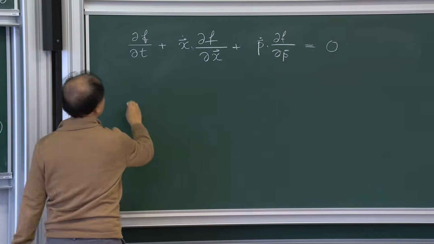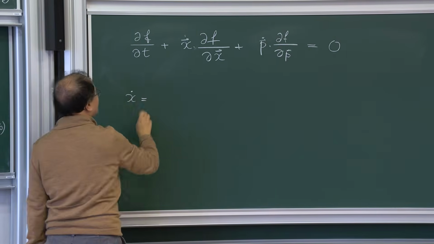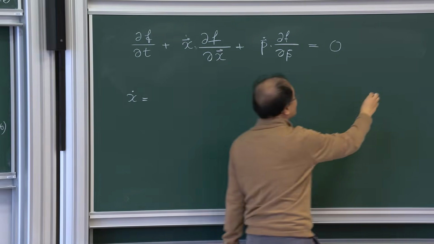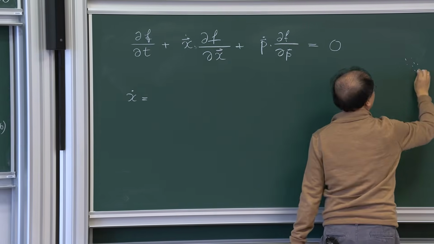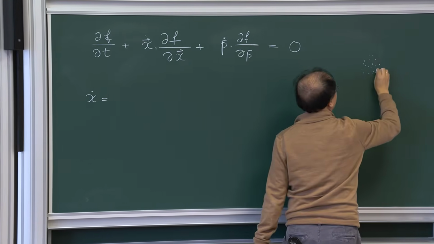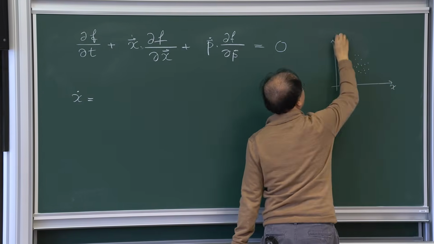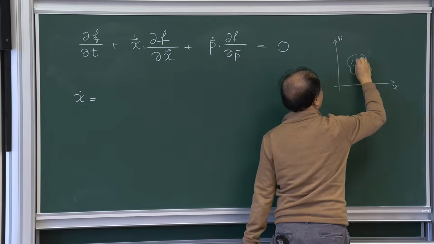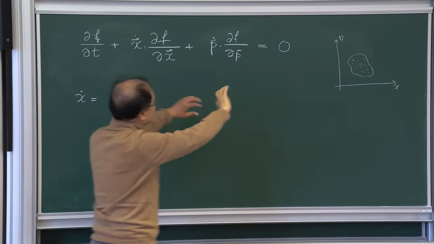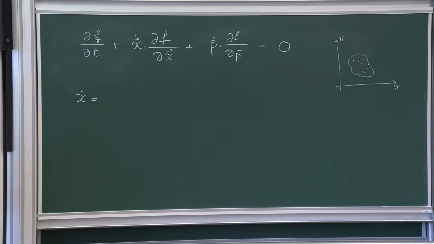The picture that one can have is the following. We have a collection of these point particles moving in phase space, x and p, and the evolution of the swarm of particles is described by a Liouville equation.